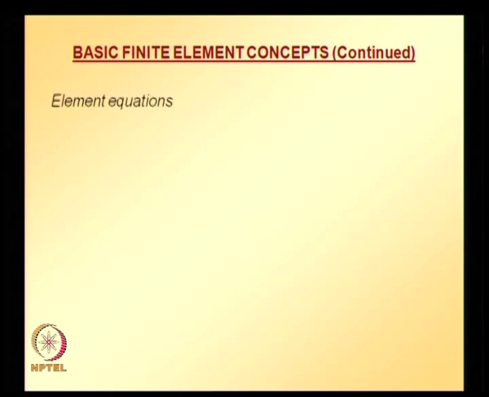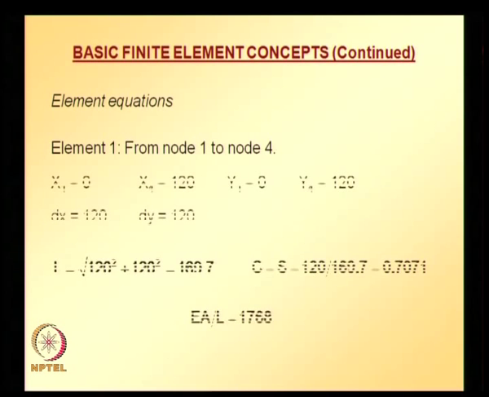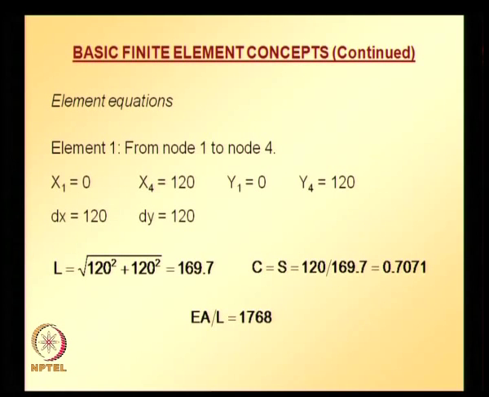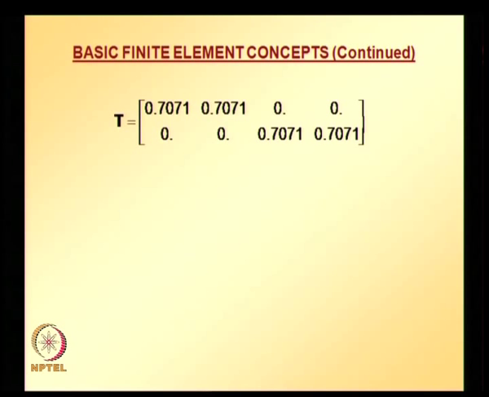So, we have already seen for element 1 what are the values, and once we have these values, we can actually assemble the element equations for element 1, and a transformation matrix is given by this, which is C S 0 0, 0 0 C S, and local stiffness is given by E A over L times 1 minus 1, minus 1 1.